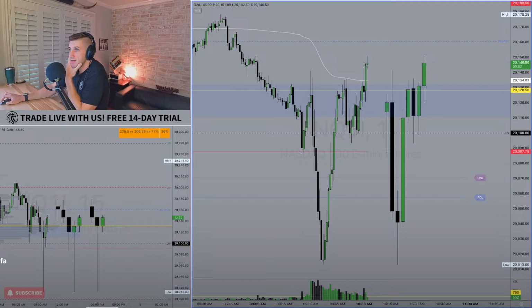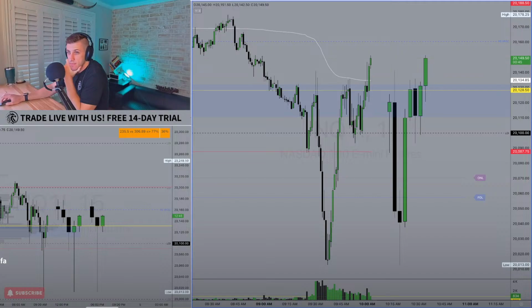New highs being made there. NQ coming into prior day volume point of control. No new trades put on for me just yet.